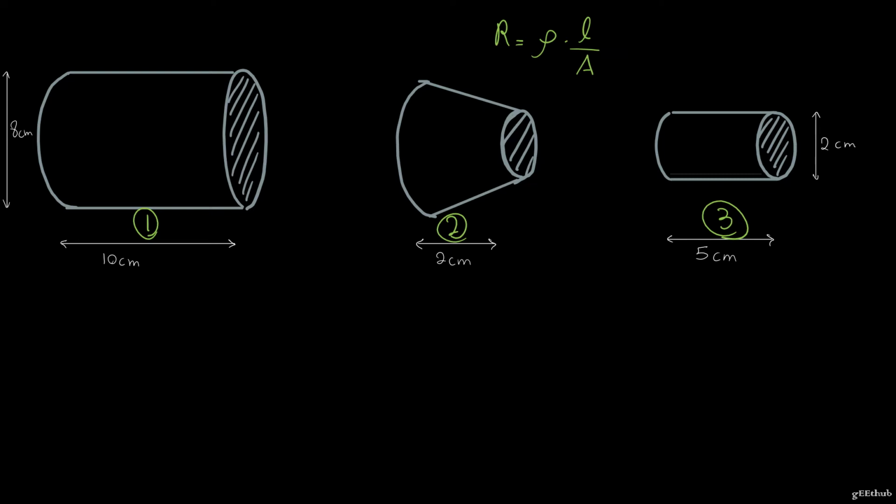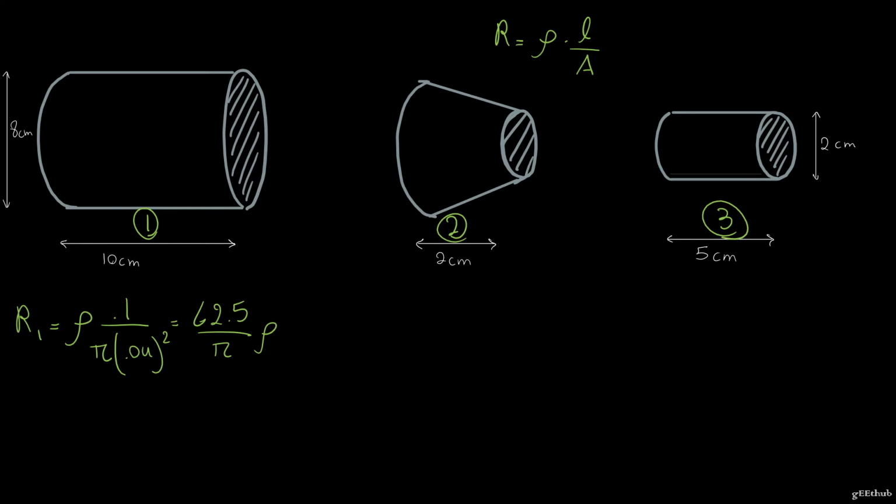So R1 is equal to rho L, where L is 0.1, converting everything to meters, and my radius is 4 centimeters squared. This is going to give me 62.5 divided by pi rho.